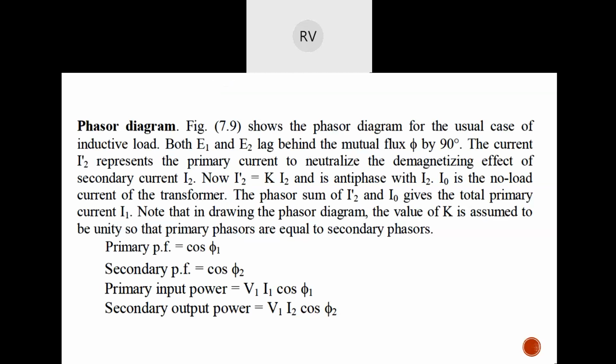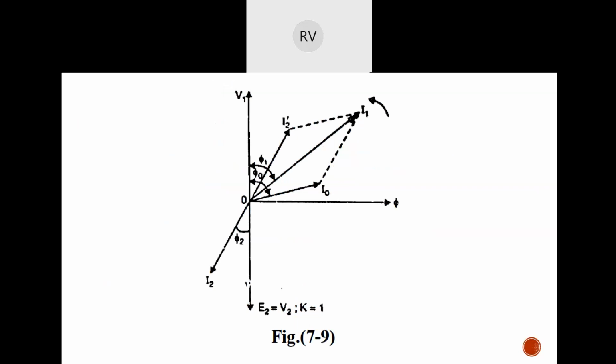Now I2 dash is equal to K into I2 and is in antiphase with I2. Let us just see this diagram here. You can see the phasor diagram for this practical transformer with load. Basically we have this flux phi, which is a constant value.